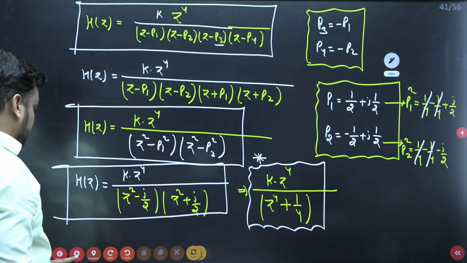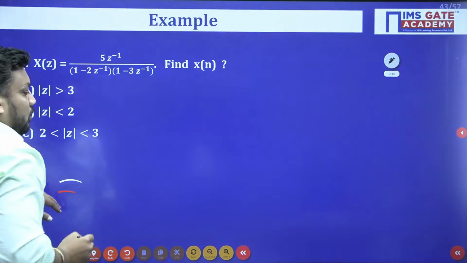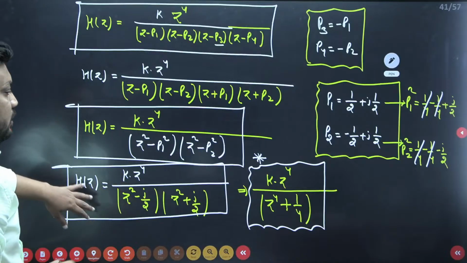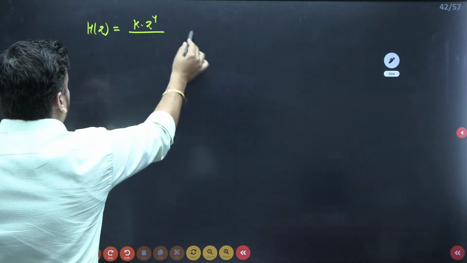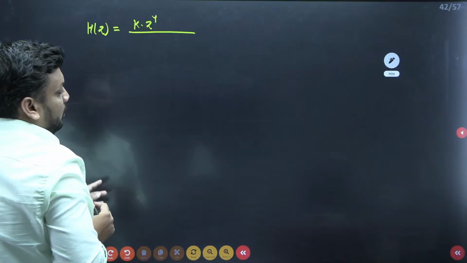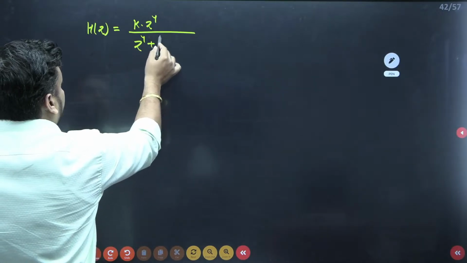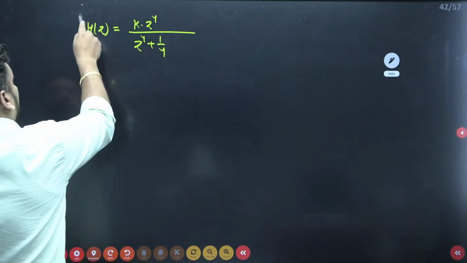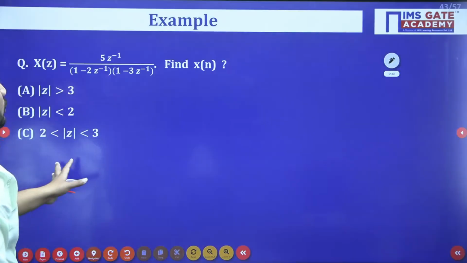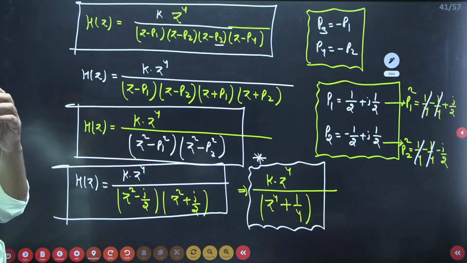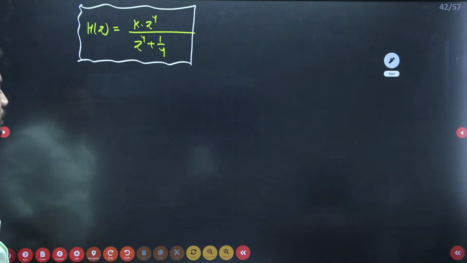So H(z) value I am putting here: k into z⁴ upon z⁴ plus 1 by 4.